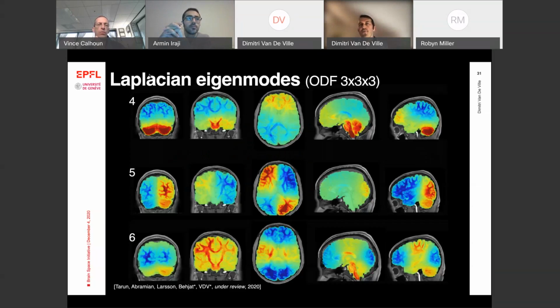So I don't have a specific interpretation for these because it's just like the Laplacian eigenmodes that we had on the coarse structural connectome. These first ones clearly capture the general geometry of the graph.